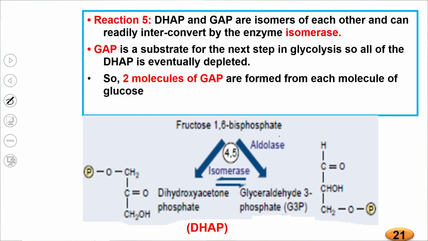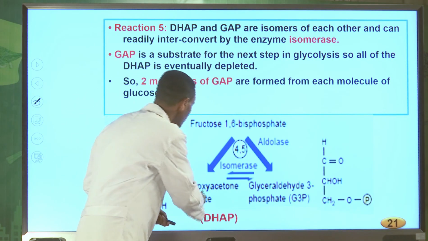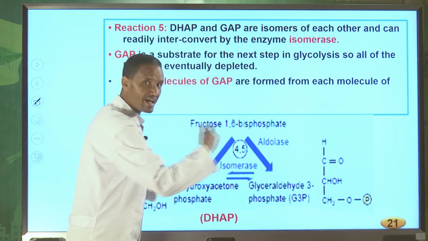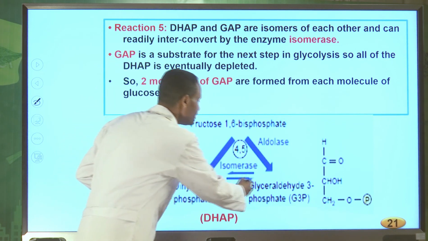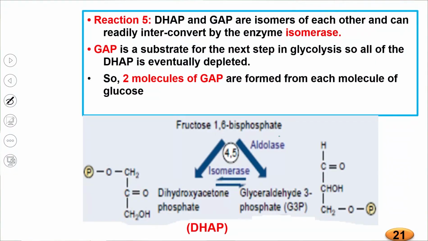Therefore, it has to be converted into glyceraldehyde 3-phosphate, which is important for the process of cellular respiration.